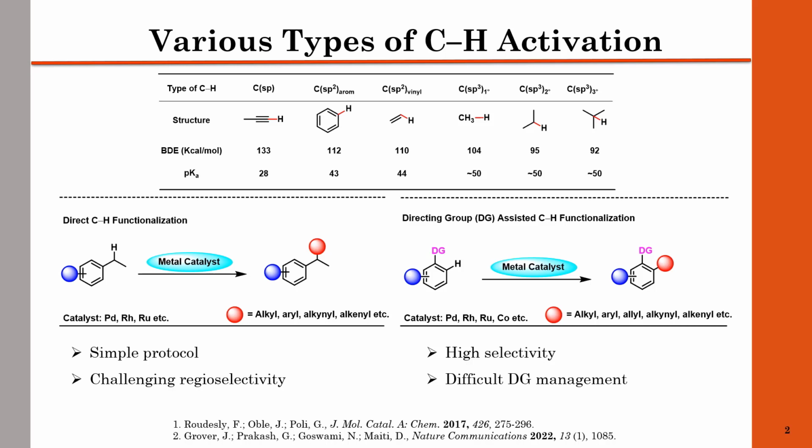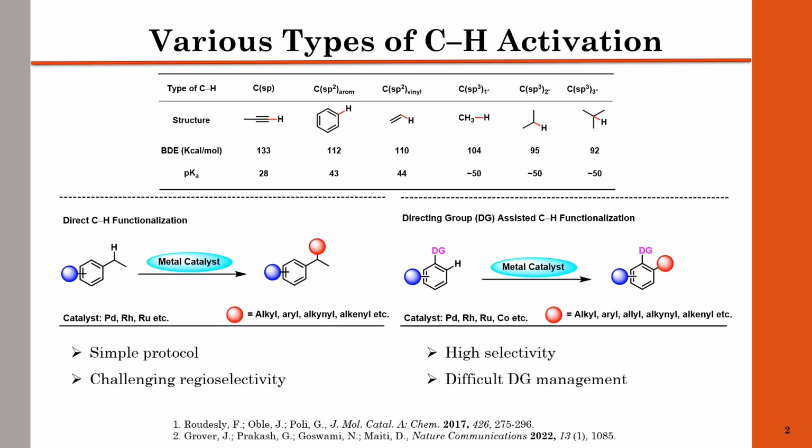With that, all CH bond functionalization reactions we can categorize into two areas: direct CH functionalization, and directing group assisted CH functionalization.